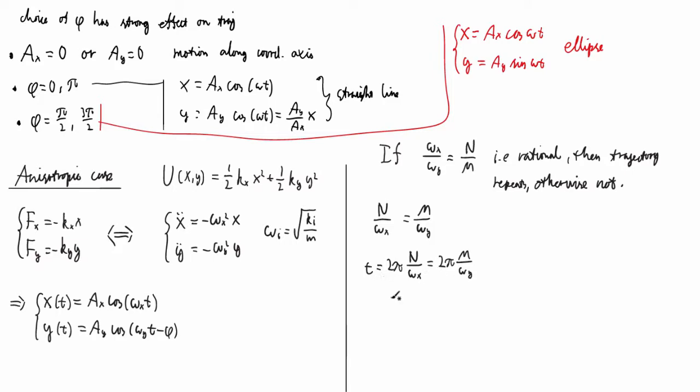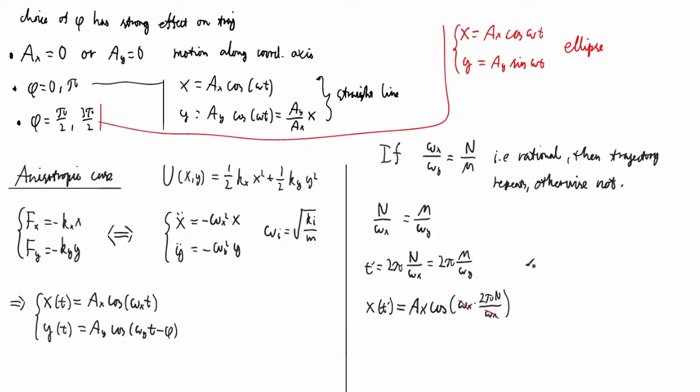And then we'll use that time. Let's see what we get here. I'm going to call this t prime, perhaps. So x of t prime equals a sub x times cosine of this time here. So we have omega x times 2 pi n over omega x.